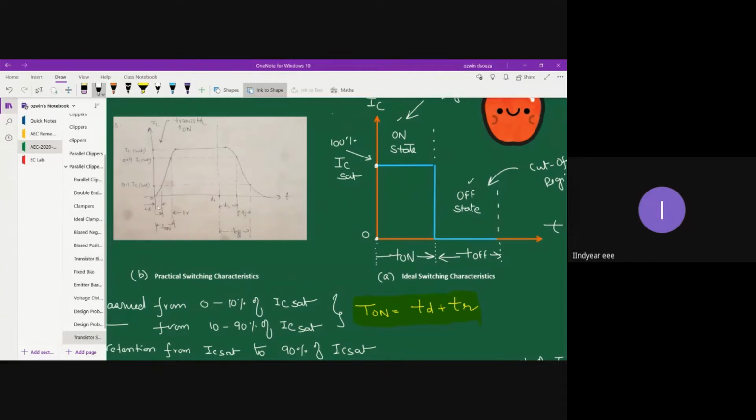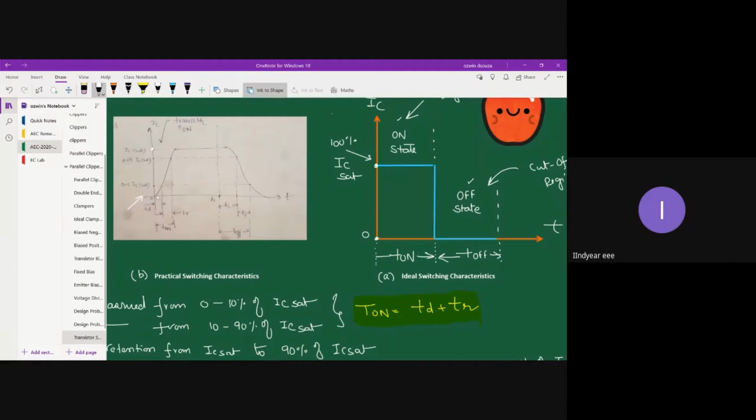On the other hand, if you go to practical switching, for the devices which are available practically, the moment the switching is initiated at t equal to 0, you can observe that the collector current IC doesn't rise to IC saturation value instantly.